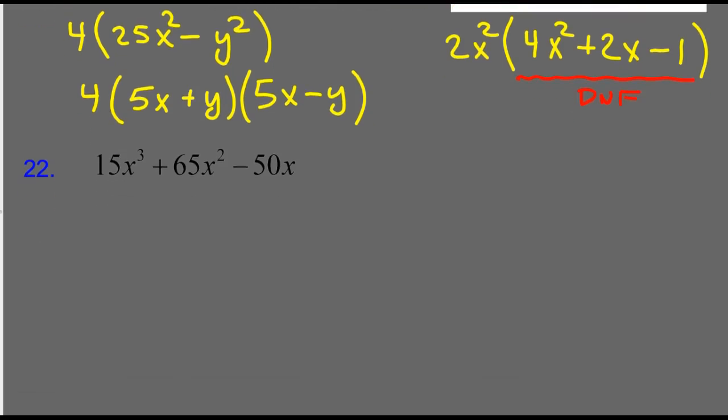The last one, you can factor out of each one of these a 5x, right? Okay, so take a 5x out of each one of those, and you should always look to do this, factor out a common term. What I have left is 3x squared plus, what is this, 13x minus 10. Okay, is that right? All right, now 3x squared plus 13x minus 10.